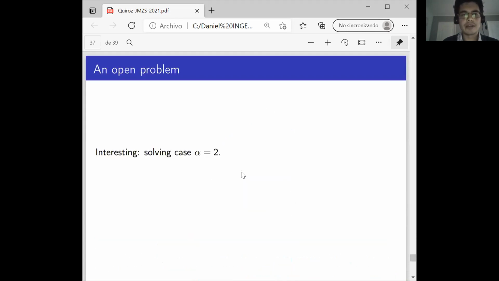So I'm just going to finish with this open problem, which is the case alpha equals 2. This case is, for Hadwiger's conjecture, a very interesting case. For the immersion conjecture it is also very interesting, and it seems hard, but it would be very interesting.